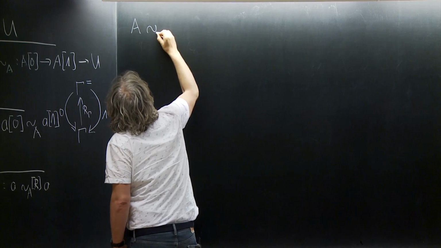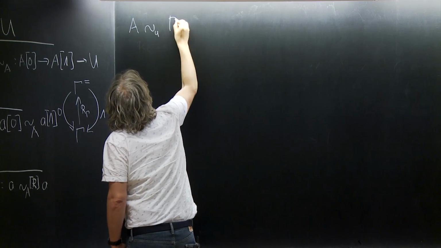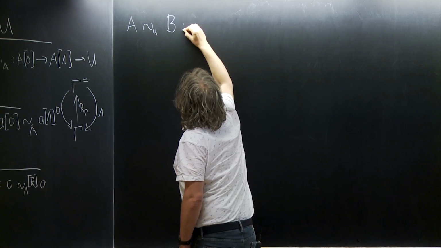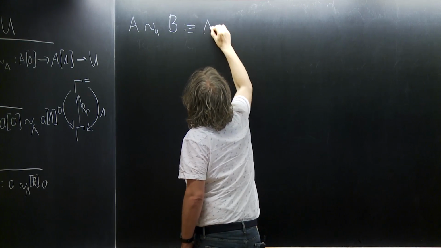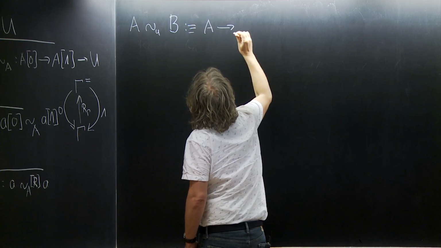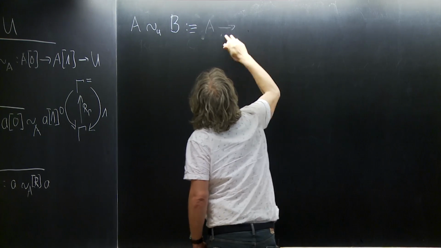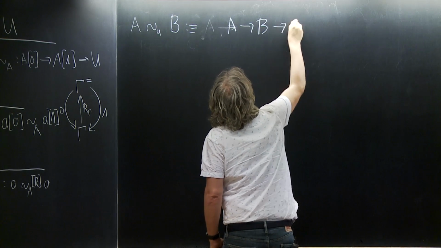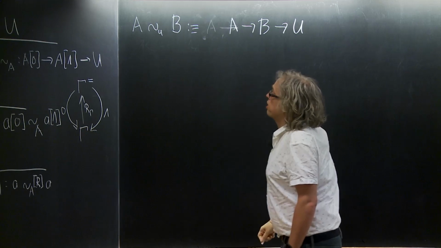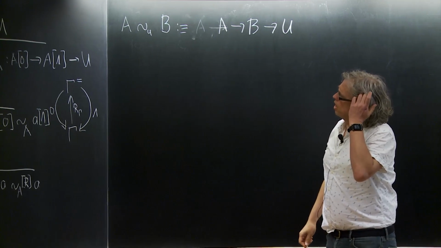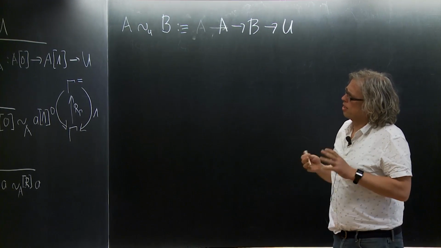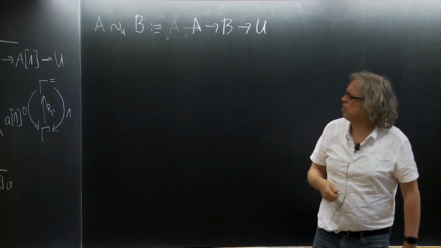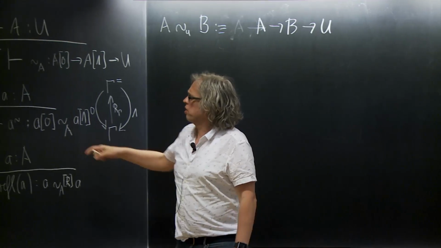So A equivalent to B in the universe was just simply defined to be all relations. And the nice way to tie the knot is now the definition of A tilde.